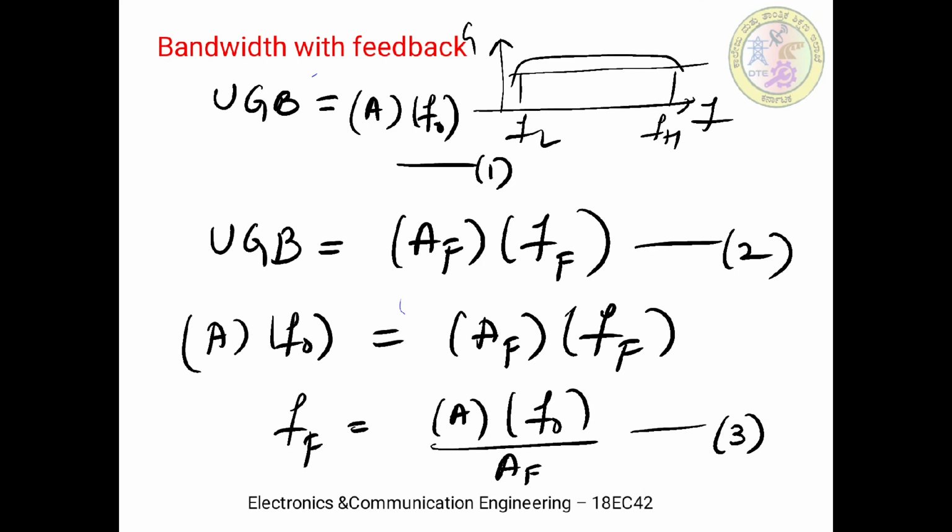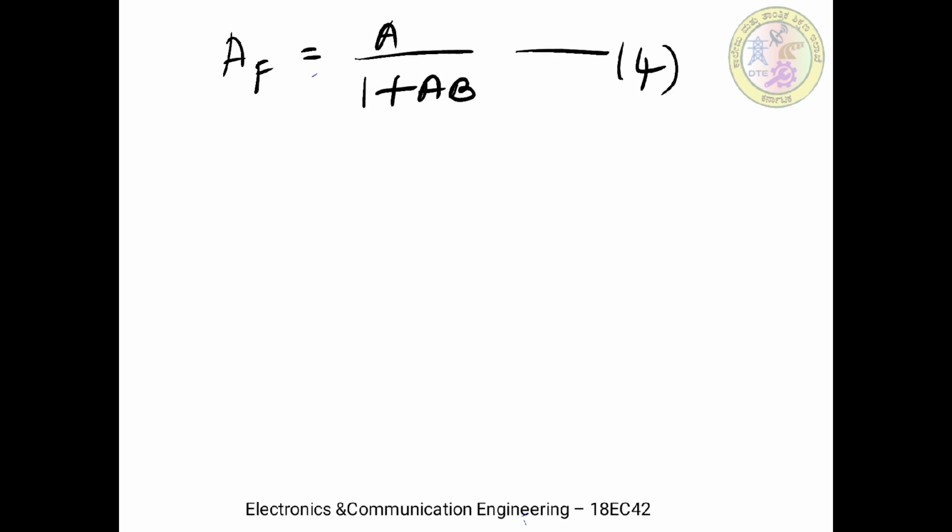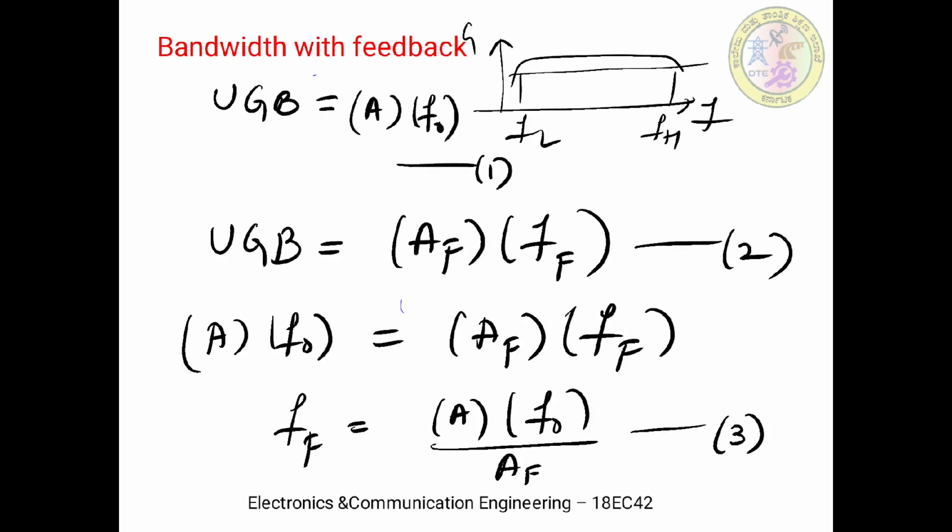In case of a non-inverting amplifier with feedback, we know that the closed loop gain AF is equal to A divided by 1 plus AB. Now we will substitute that AF in this equation here.